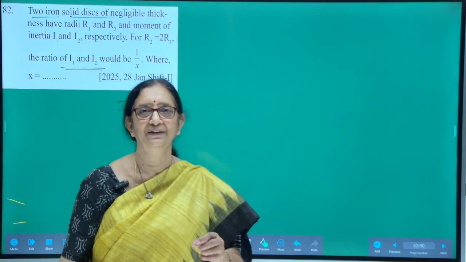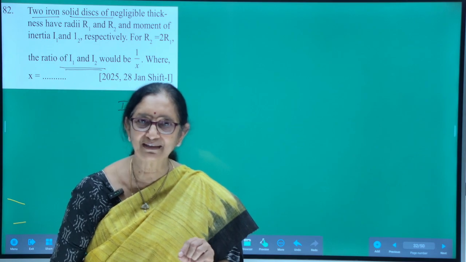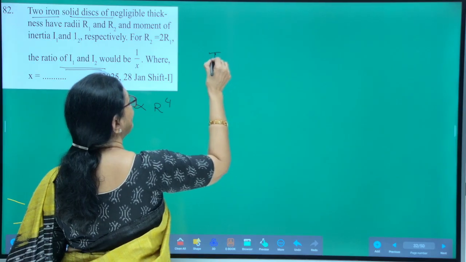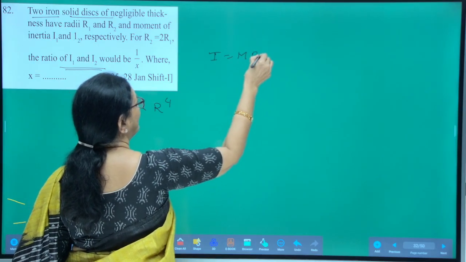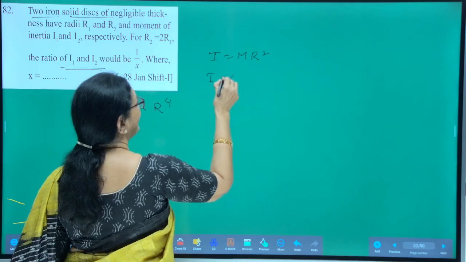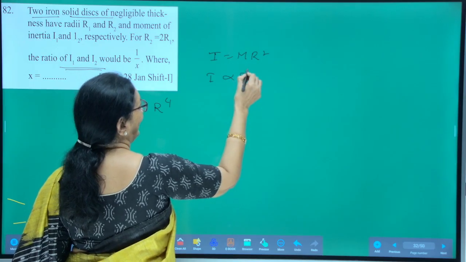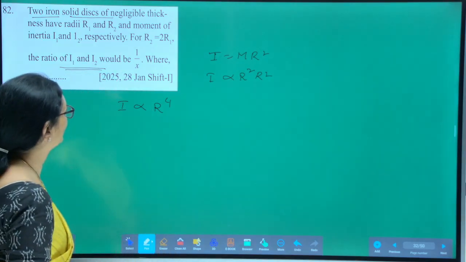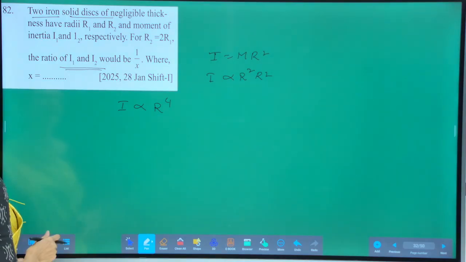In the case of discs of the same thickness and same density, moment of inertia I is equal to mr square. Mass of a disc is proportional to its area, that is r square. So, moment of inertia is proportional to r to the power of 4.